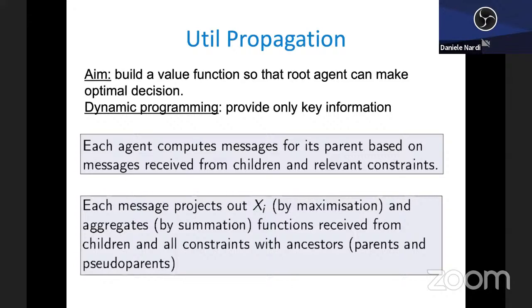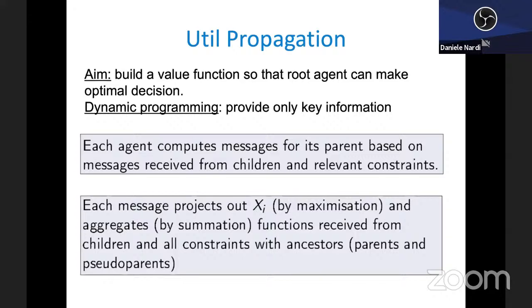Each agent computes messages for the parent based on the messages received from the children and from the relevant constraints, so namely the constraints with the neighbors of the node. And the message is going to be a maximization of a specific function which is obtained by aggregating the messages obtained by the children and all the constraints with the neighboring nodes.